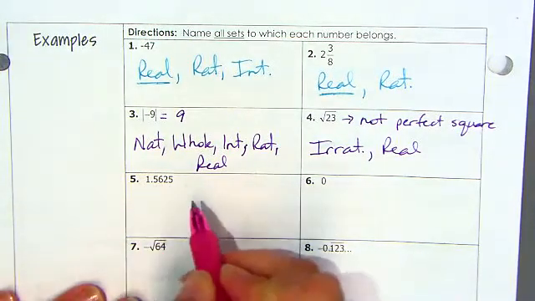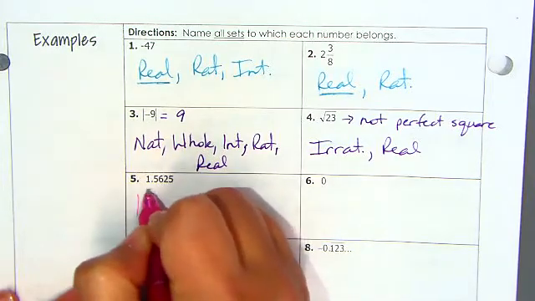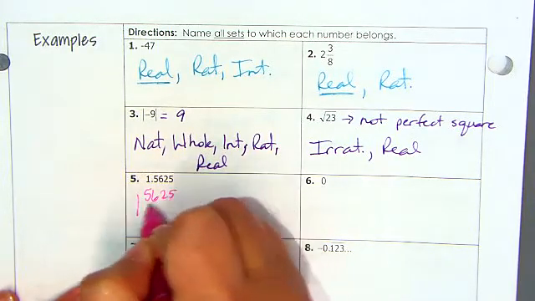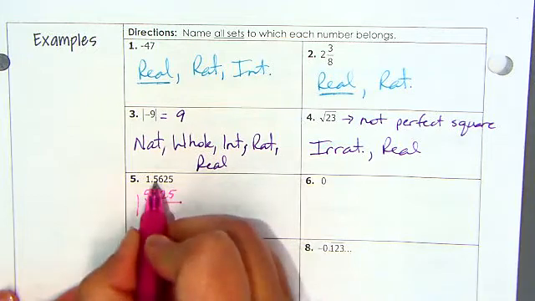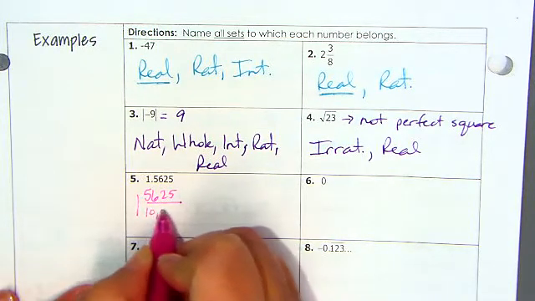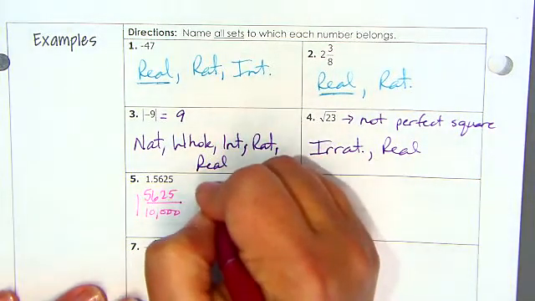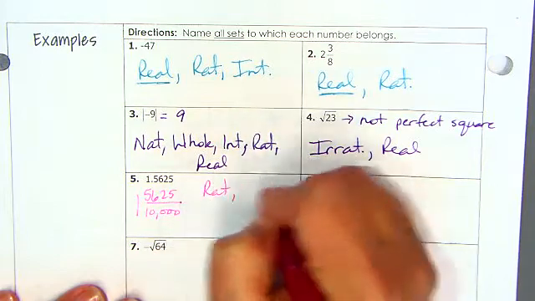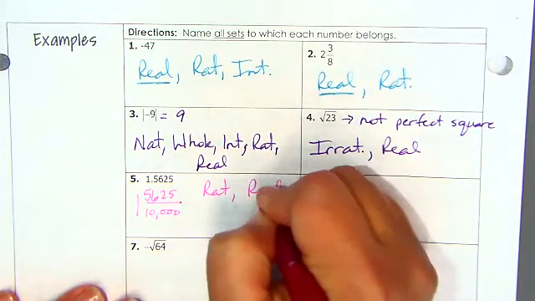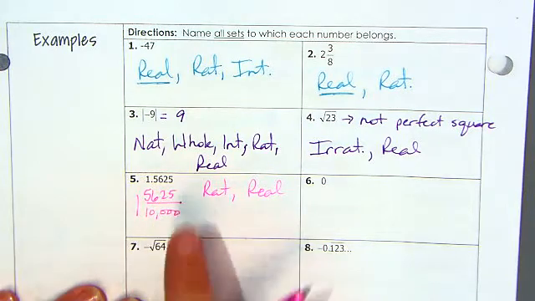It ends, so I can change this to 1 and 5,625 over 10,000. I can write this as a fraction, so this is rational and real. I can also determine it because it is an ending decimal.